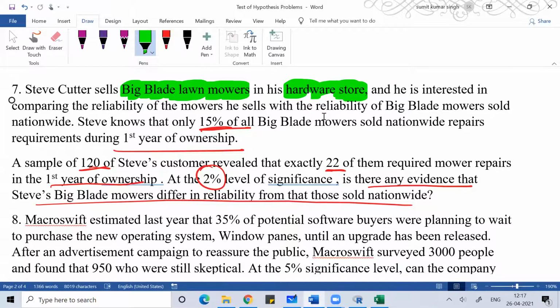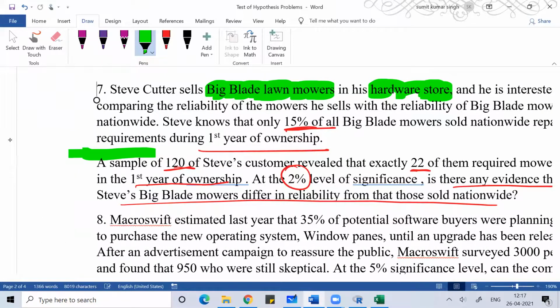The parameter he is using to check reliability is the percentage of mowers that require repair during the first year of ownership. On that basis, he is checking the reliability of the mowers.